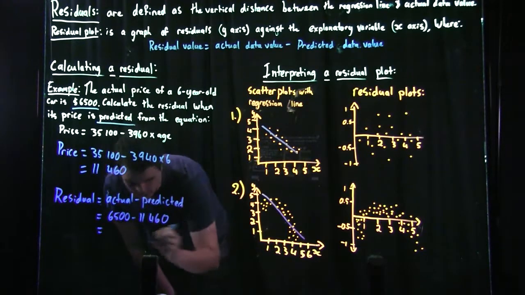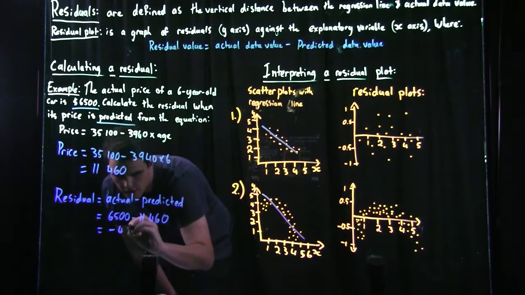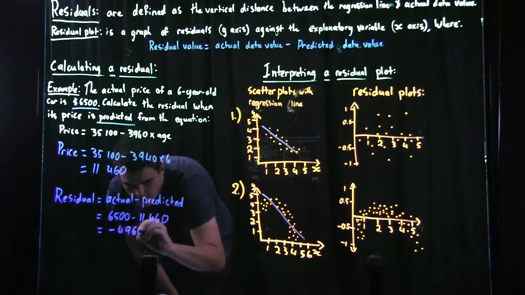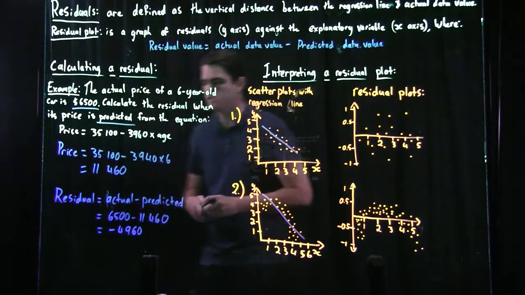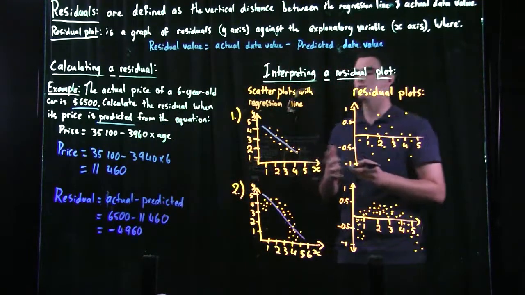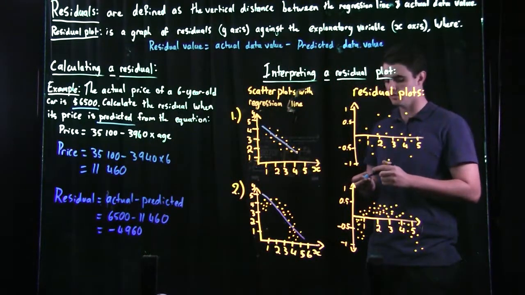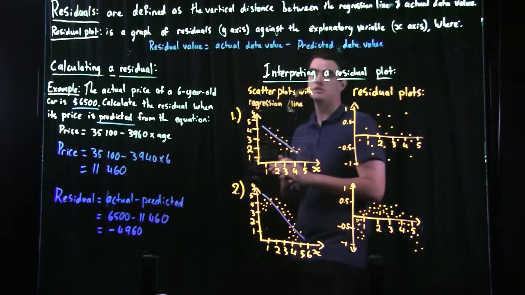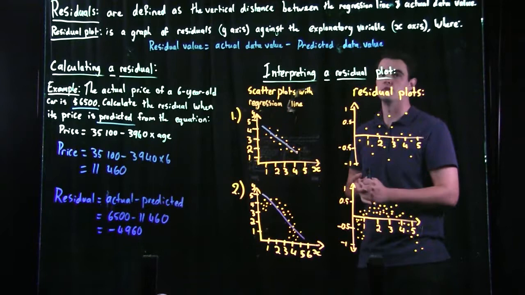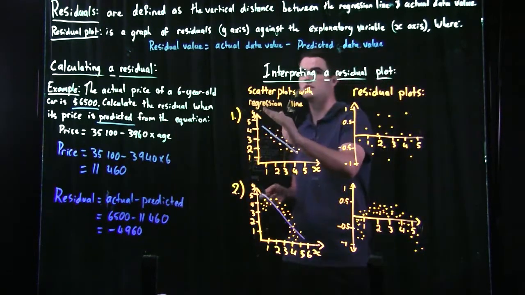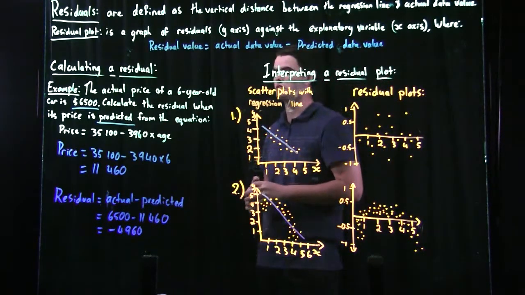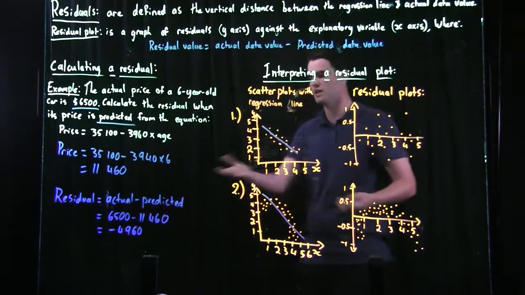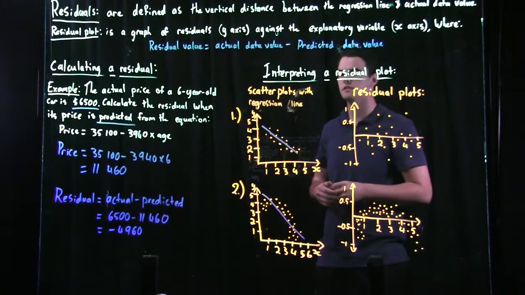Again, put that in your calculator and we get negative 4,960. Okay, so that residual is negative 4,960. The big thing that you will notice is that it's a negative. Okay, residuals, they can be negative, neutral, or positive. Okay, it's really where it sits on that line, and that's what we're going to go through next. Okay, so the residual for this question and this bit of data would be negative 4,960.